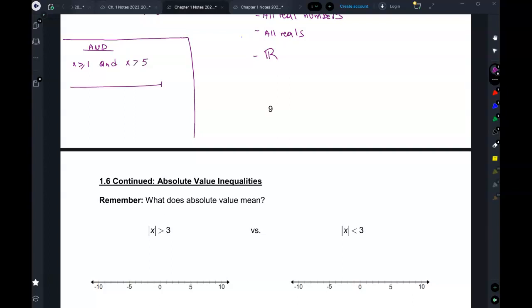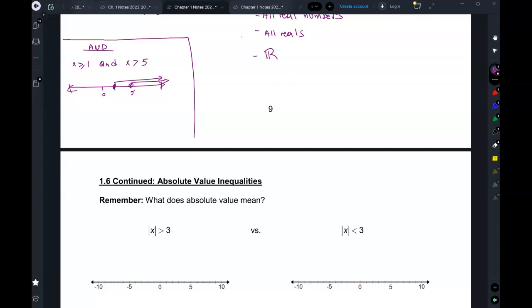What does that look like? X is greater than or equal to 1 is this. X is greater than 5 is this. So what's the region? What's the answer? If it's an AND inequality.